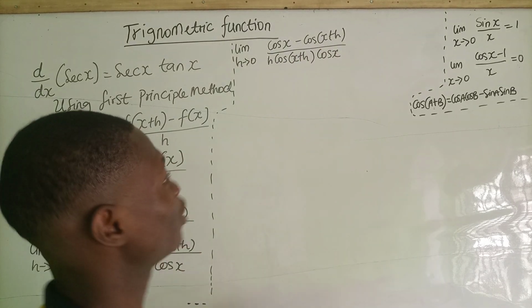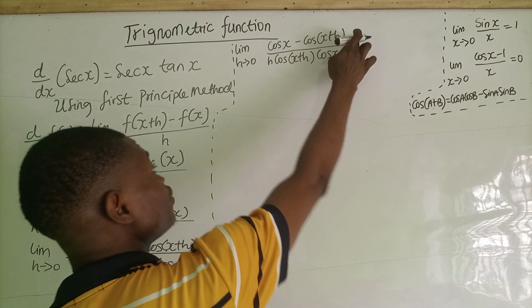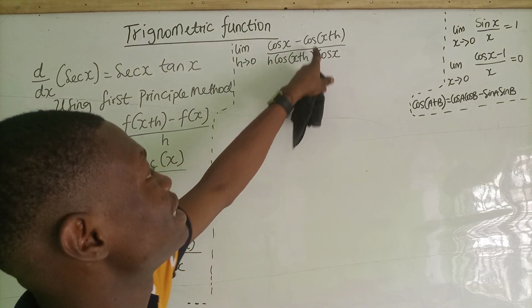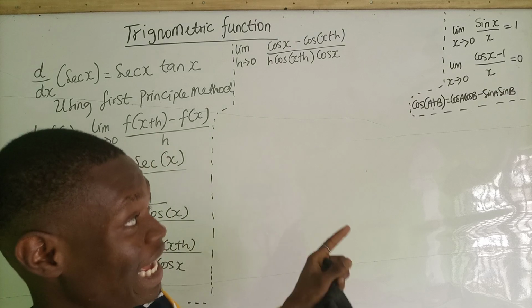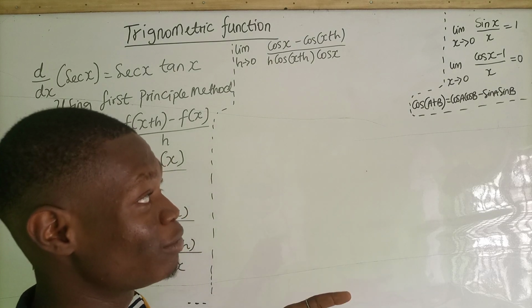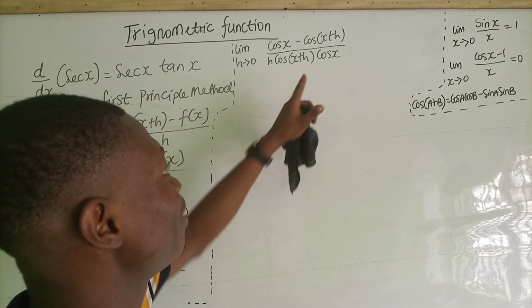So at this point now, let's just leave the denominator. We are going to face the numerator. Remember that cos of an angle minus 1 over the angle, as the limit of the angle approaches 0, is 0. But let's forget about that one.